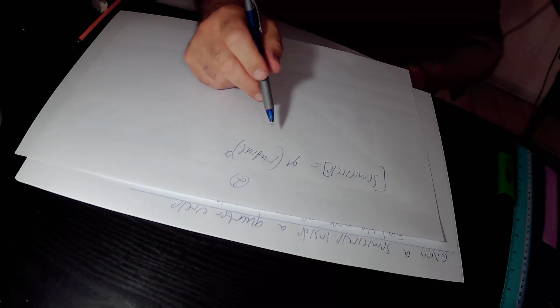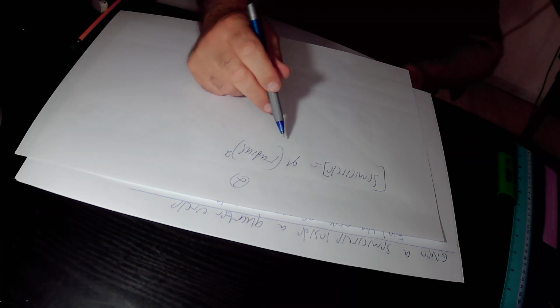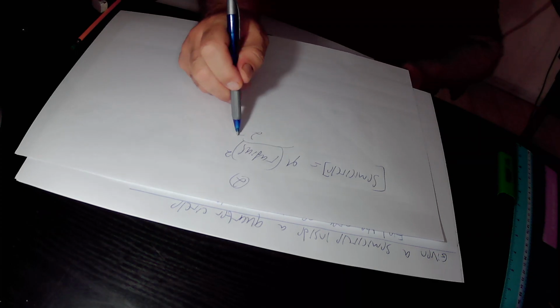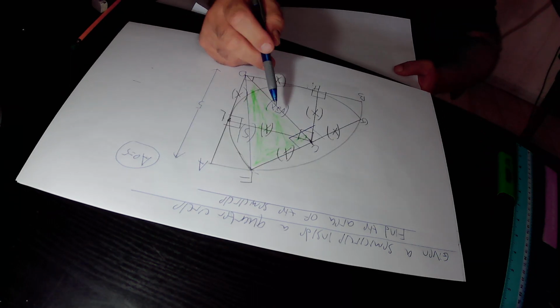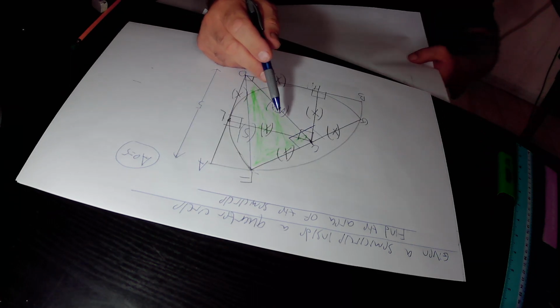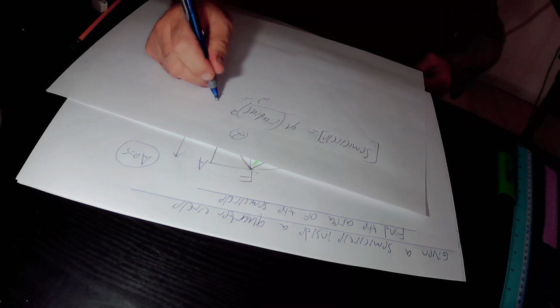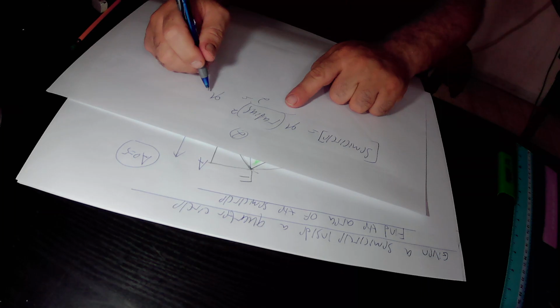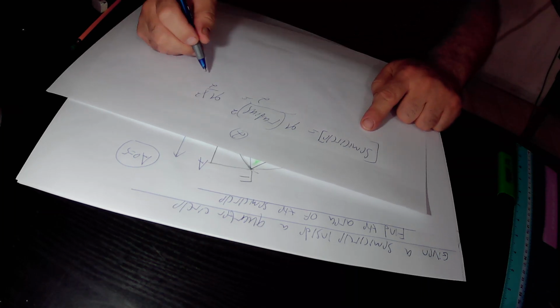And the area of the semicircle will be equal to pi times the radius of the circle squared divided by 2. The radius of this semicircle is x, therefore the area of the semicircle in total equals pi times the radius square, x squared, divided by 2. So the area of the semicircle equals pi x squared over 2.